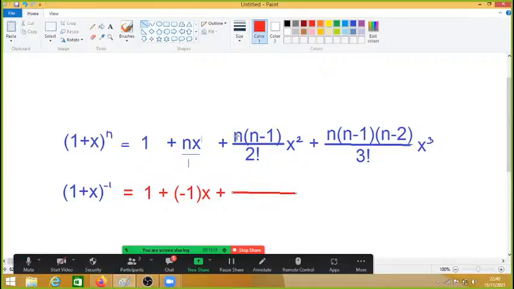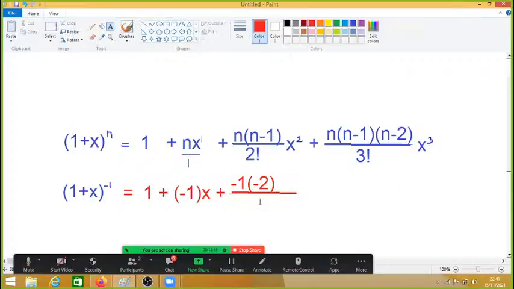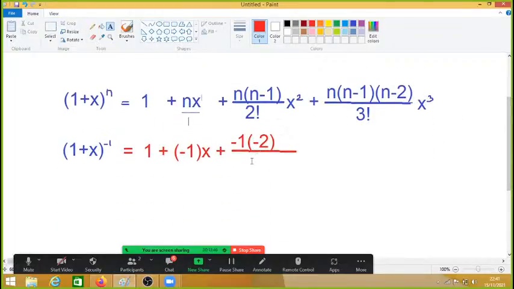N is now -1, so I'm going to have -1 times by, this is n minus 1, so it's -1, take off 1, so that's -2. On the bottom is 2 factorial, which is 2 times 1. If you remember, it's just 2 times 1, which is 2. So that's the fraction done.